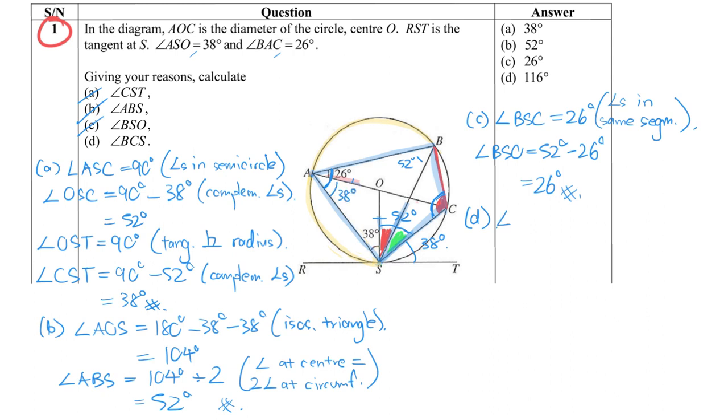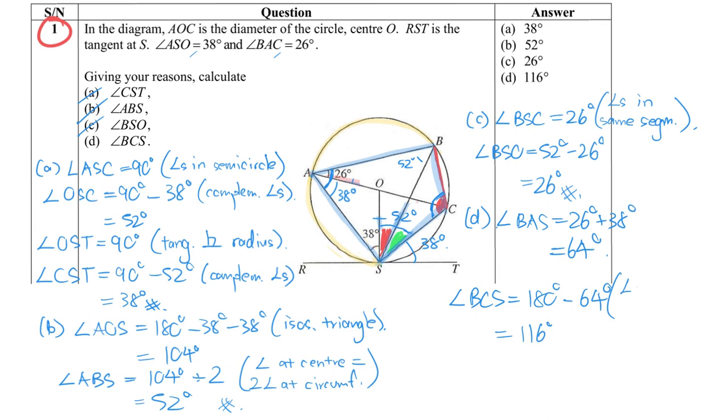So I can say that angle BAS is 26 plus 38, which is 64, and therefore angle BCS is 180, it's complementary, 180 minus 64, which is 116. Angles in opposite segment, the four-sided figure with all the points on the circumference. And we're done.